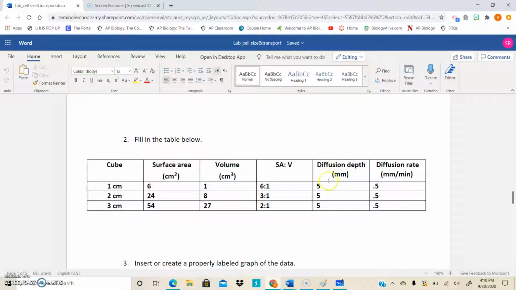If the numbers you got here did vary, that is okay. This is expected, and the diffusion can be affected by many factors, so it's not necessarily going to give us exactly what we expect. When it comes to the diffusion rate, that is accurate as well.